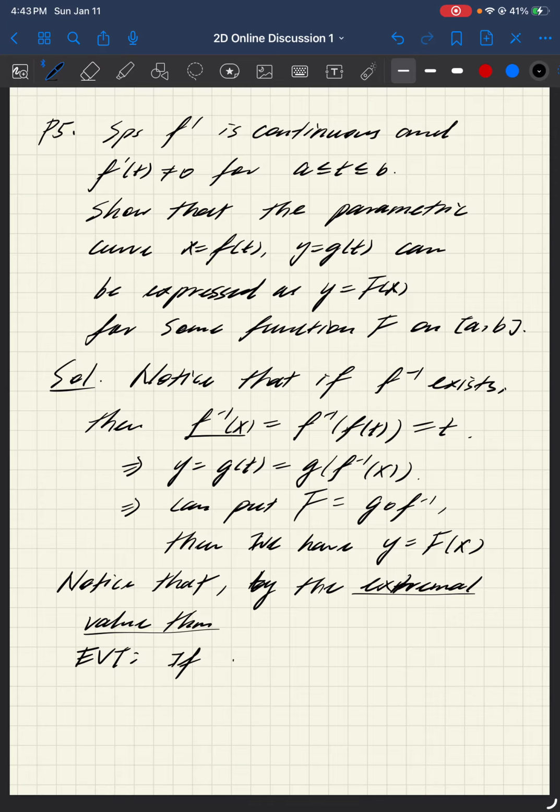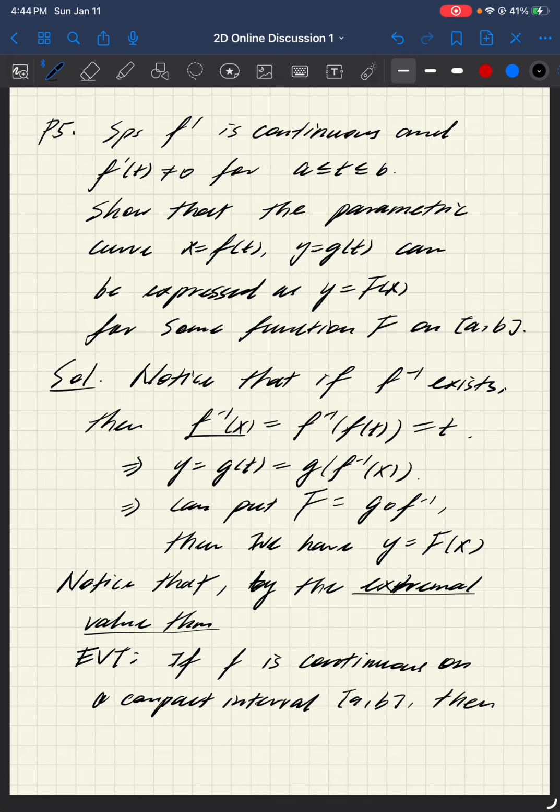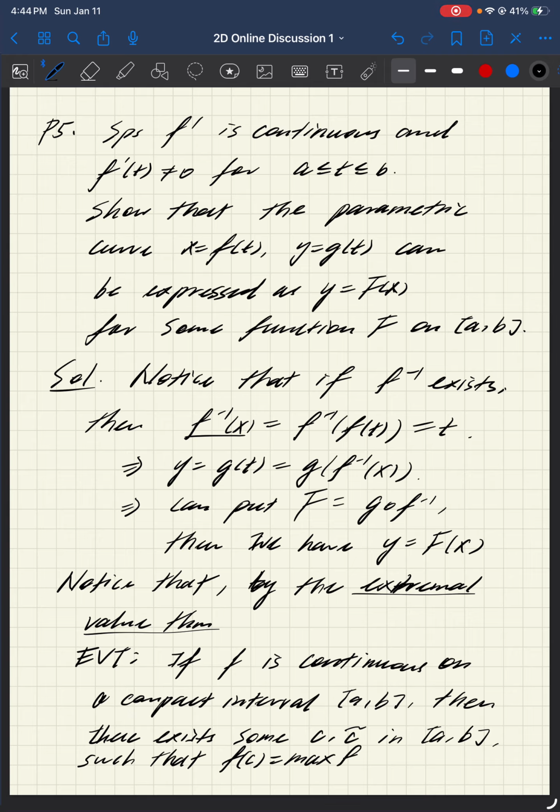It says if f is continuous on a compact interval [a, b], then there exist some c and c tilde in the interval [a, b] such that f(c) is the max of f over the interval [a, b], and f(c tilde) is the min of f in the interval [a, b].